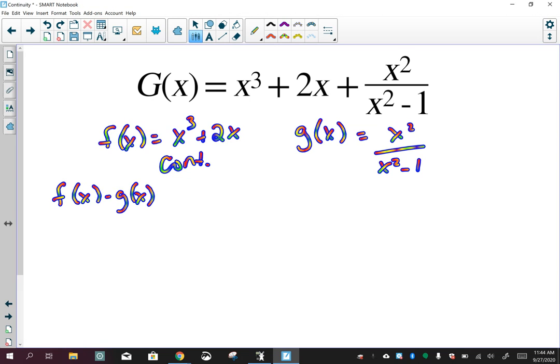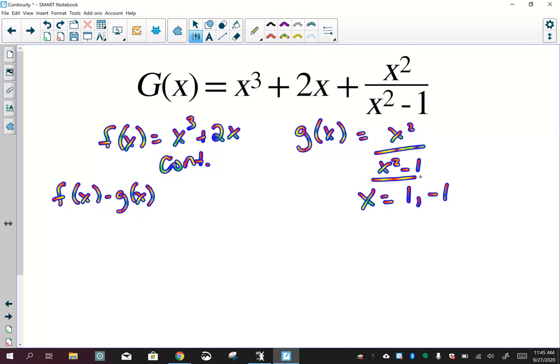So looking at the second one, however, there are numbers that can make that denominator equal 0. And since there are numbers that can make that denominator equal 0, then I've got a small problem here and I need to deal with that. So what I would do is say, okay, I am not continuous when x is equal to 1 or negative 1.